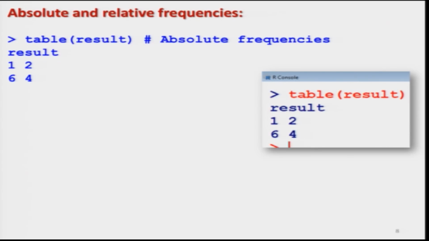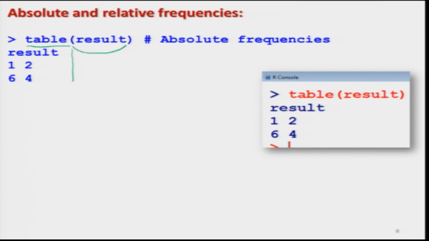Now, I will simply use my table command. I write here table, and inside the argument I type the data vector name, that is result. As soon as I write table and result inside the argument, it will give us this type of output. First, we try to understand the meaning of this result.